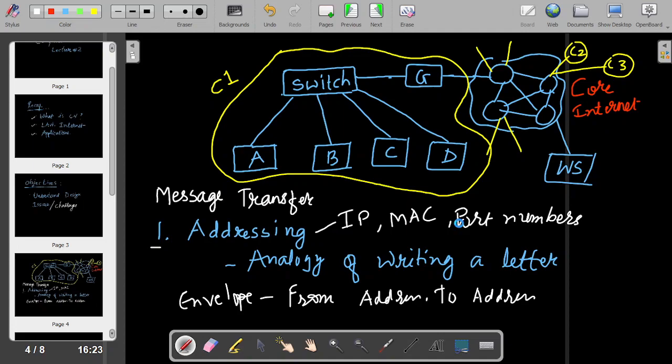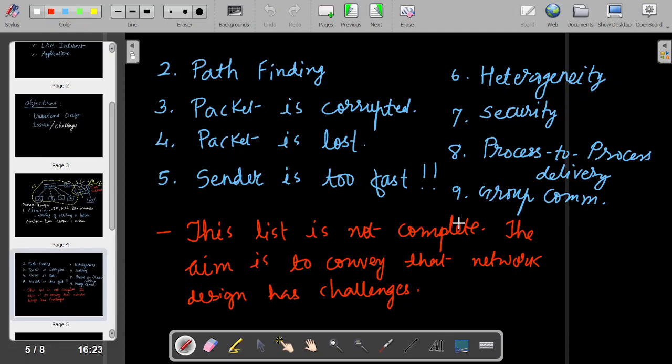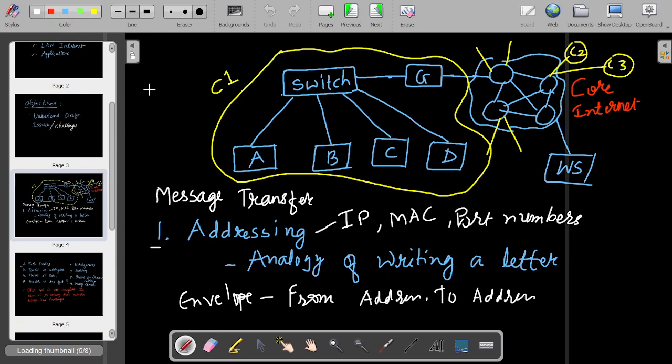Now, let us look at the other issues. The second one in the list is path finding, right? So going back to the previous slide, you can see that suppose this machine A is the source and this web server is the destination.